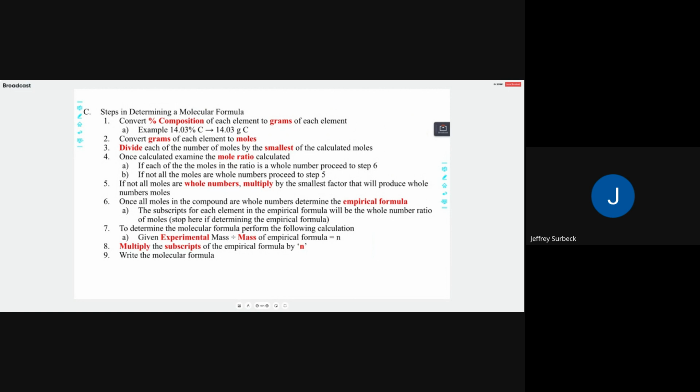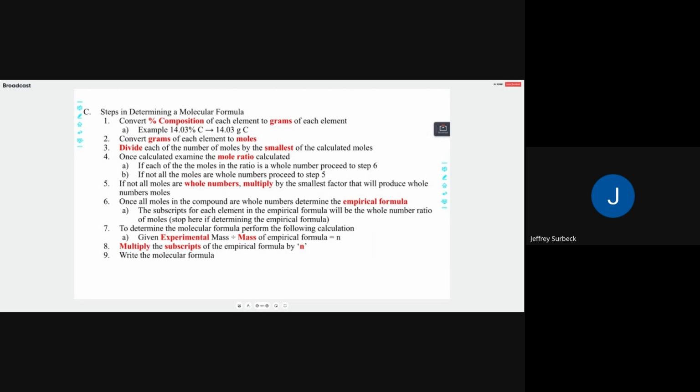From there, we look and we say, okay, if once we divide, they're still not in a whole number form, we have to make it a whole number by multiplying it by some number. All right? And just like in algebra, what you do to one side of the equation, you have to do to everything else. So if we multiply by 3, every element gets multiplied by 3.